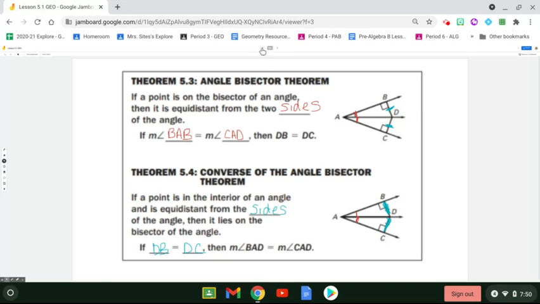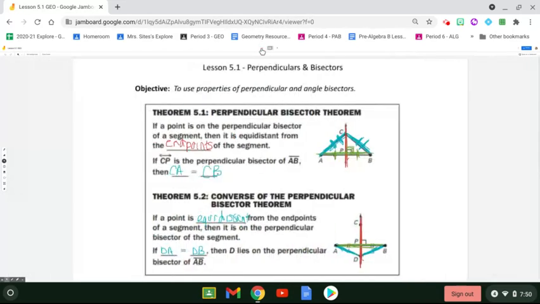The other one that was important today was the perpendicular bisector theorem. What that said is if you have a point that's on the perpendicular bisector, then the lengths from that point to the endpoints would be equal to one another.